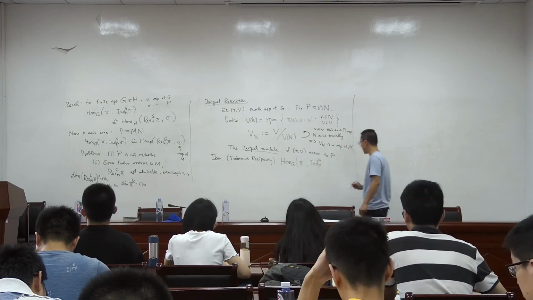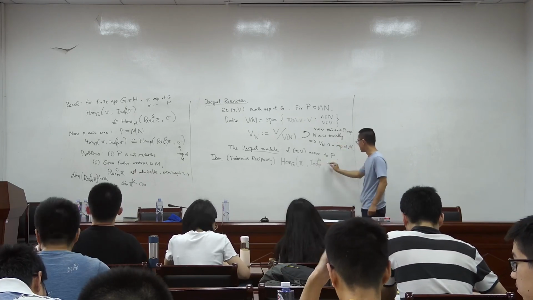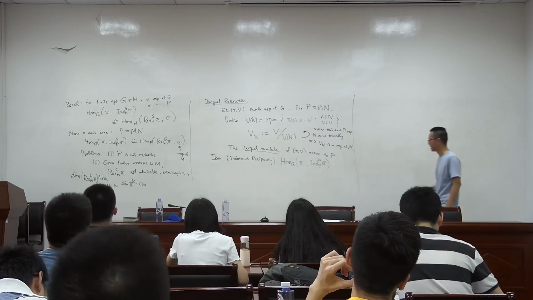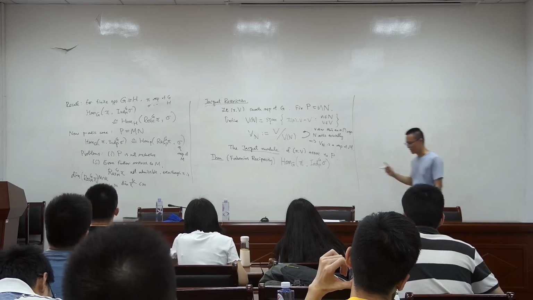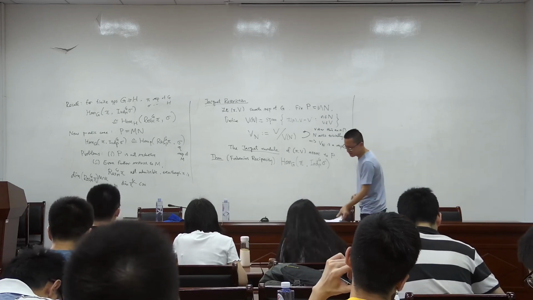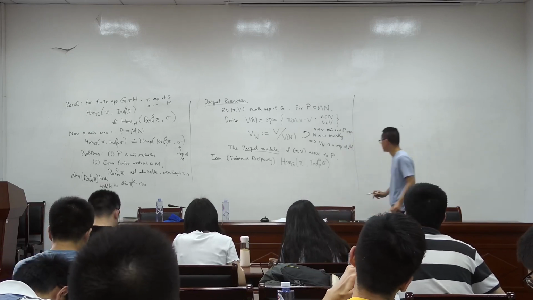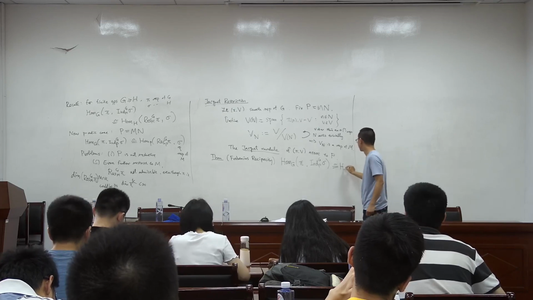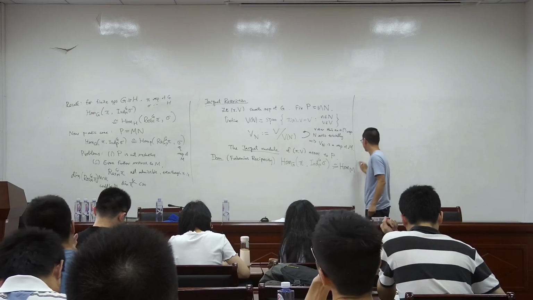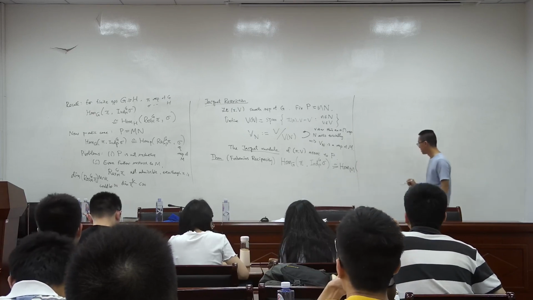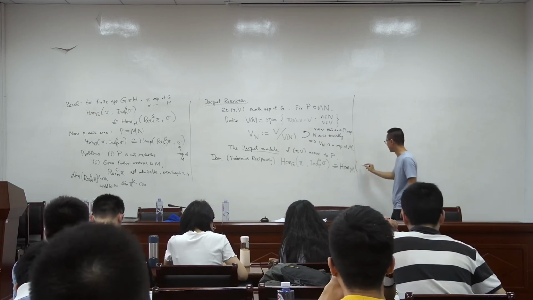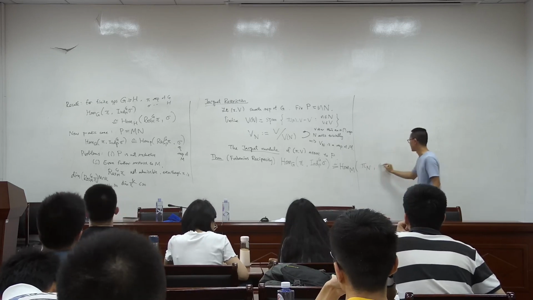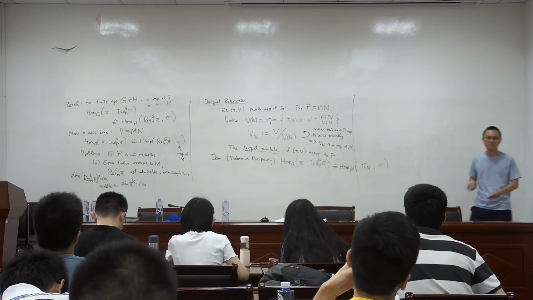Perhaps I don't write down the modular character. So this is isomorphic to Hom, and here we have the Jacquet module, pi n, and sigma, like this.